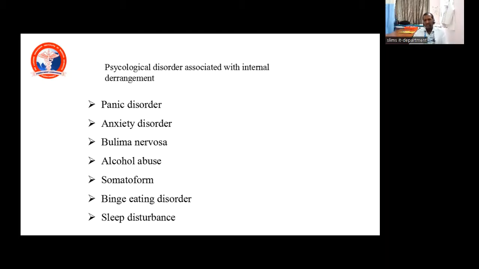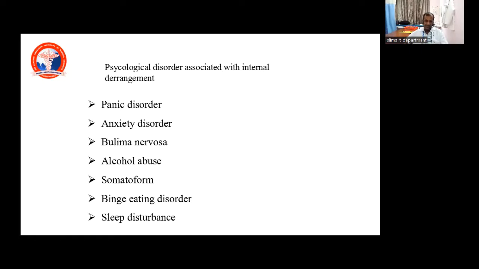If a patient is having insomnia or a sleep disturbance, that will also have an impact on the temporomandibular joint. Okay, the etiological factors can vary from a simple trauma or abnormal parafunctional habits, bruxism, or can be due to any major trauma, or can be due to any psychological disorders.